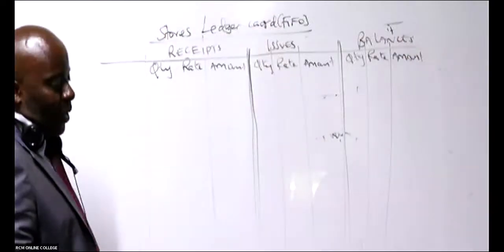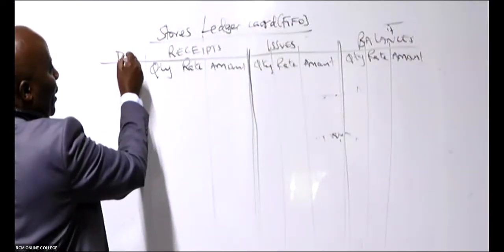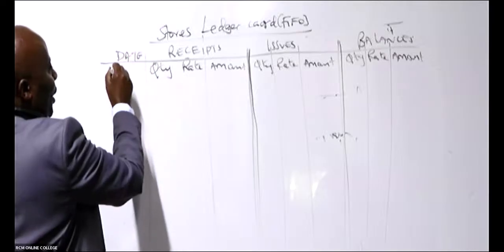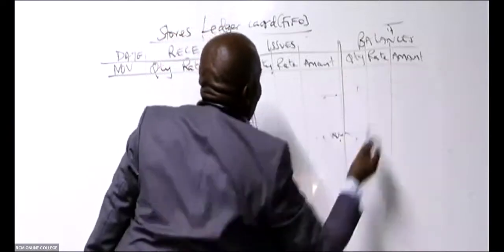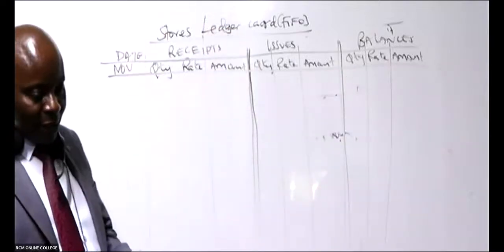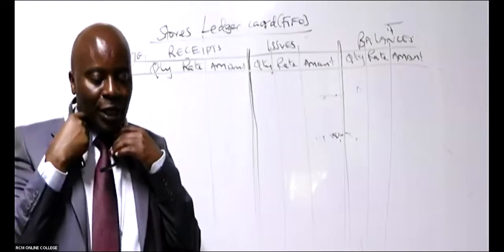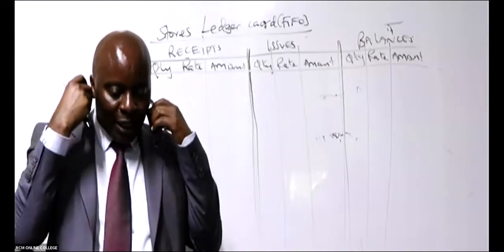And then, of course, here we shall have the date, and here you write the month of November. Once you finish writing up yours, mention there Y for yes.